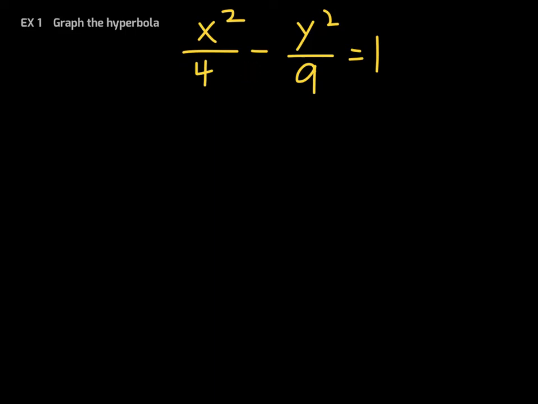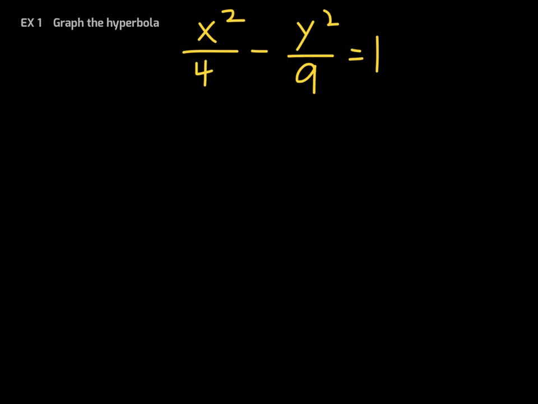Now, which term comes first, x or y? You can see x does. So you already know that this hyperbola opens to the left and to the right. Now, you can see that there is no shifting or no translation happening here. So my center is 0, 0.